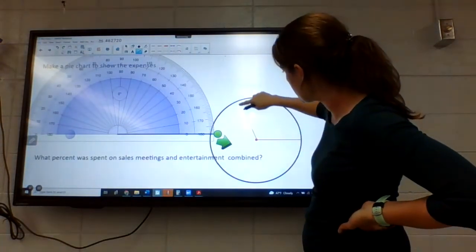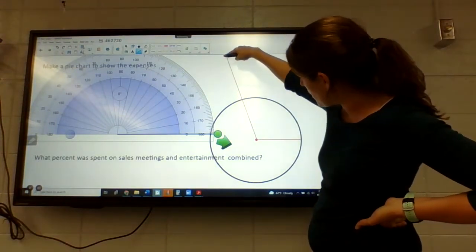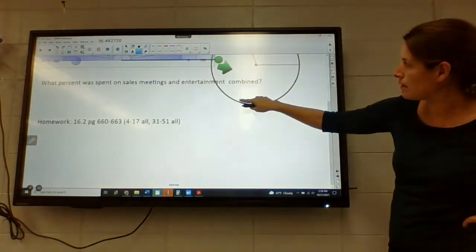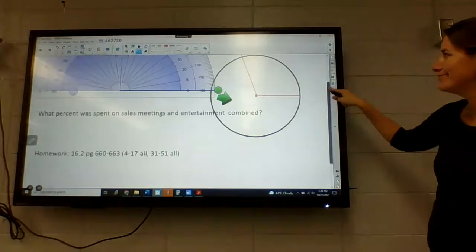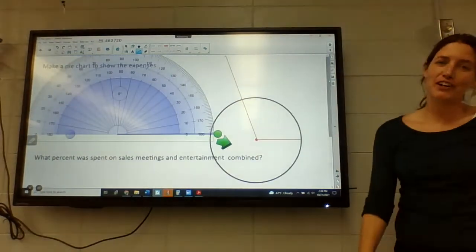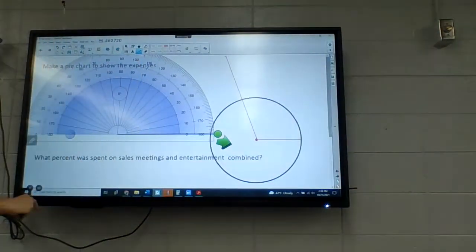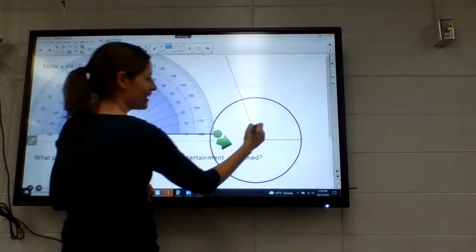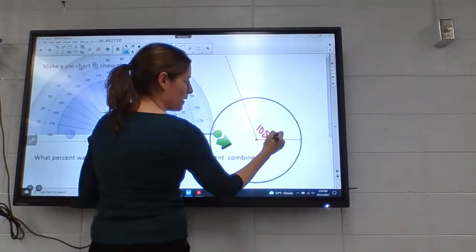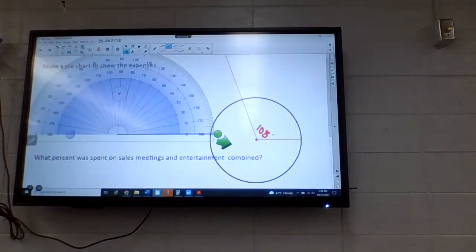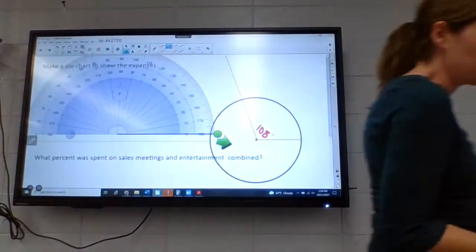You start at the center of the circle, with all lines going to the outside. Okay. So there's our 108 degrees.